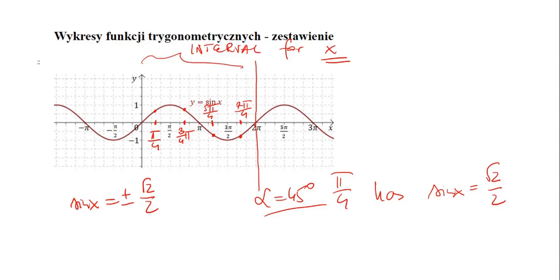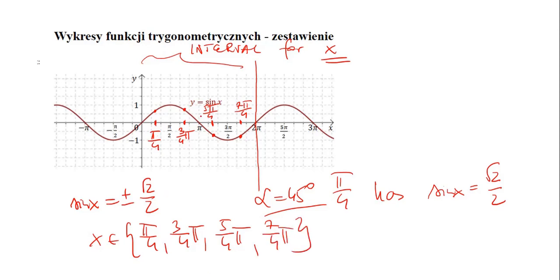So use symmetry, we have exactly the same length here, so we just add this number, so add pi over 4 or subtract pi over 4. And so we have 4 angles, right? So let me just write it down: pi over 4, then we have 3/4 pi, 5/4 pi, and 7/4 pi. Okay, 1, 2, 3, 4 angles. All right, and this is the answer for this equation, right?